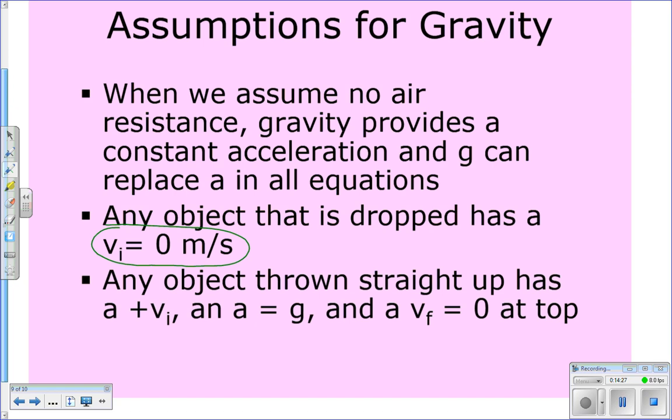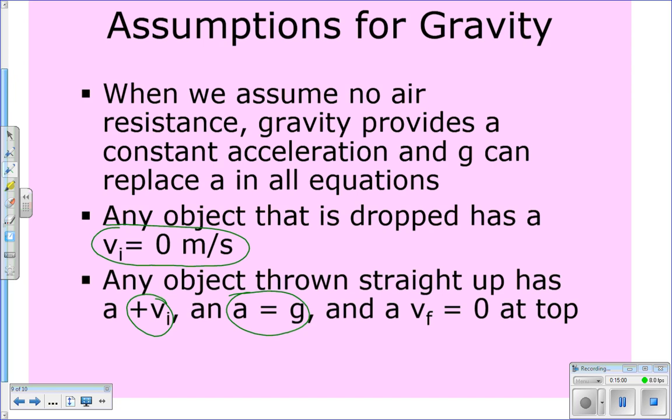Any object that is thrown up into the air or falling downward through the air is accelerated by gravity. If you throw it straight upward, then you have an initial velocity of positive VI. Again, if you're dropping it, then its initial velocity is 0. If you throw it upwards, then its initial velocity is in the positive direction, because up is positive, and it's traveling at whatever speed you threw it at.